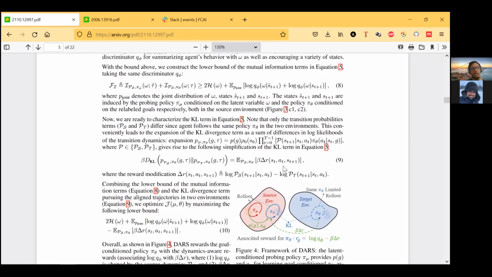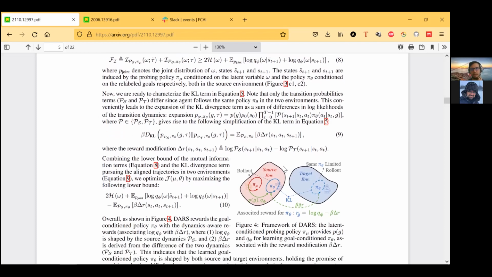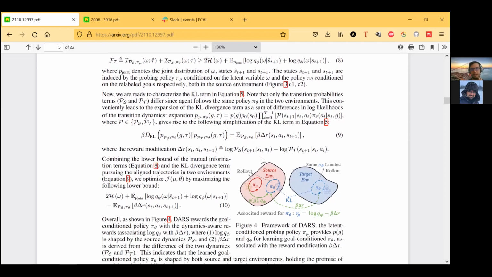So you want to only stay in regions of the state and action space where you observe kind of the same dynamics. But if you go in regions where the dynamics are very different between source and target, then you will have a higher penalty. So this delta R will be high.